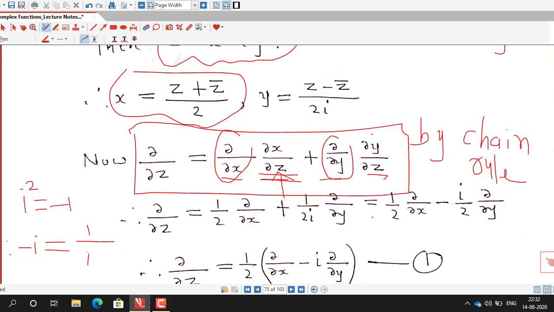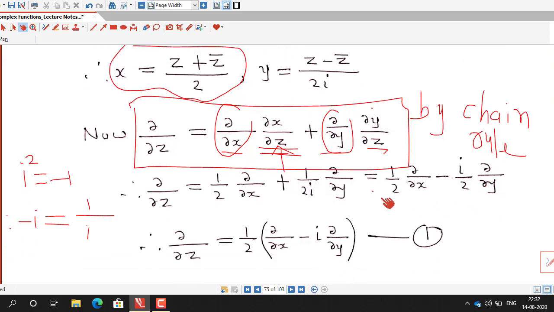So 1 upon i is replaced by minus i, and del by del z equals 1 by 2 del by del x minus i by 2 del by del y. We can rewrite this by taking 1 by 2 common: 1 by 2 into del by del x minus i into del by del y. So this is the partial derivative with respect to z, and using chain rule we are converting it in terms of x and y.